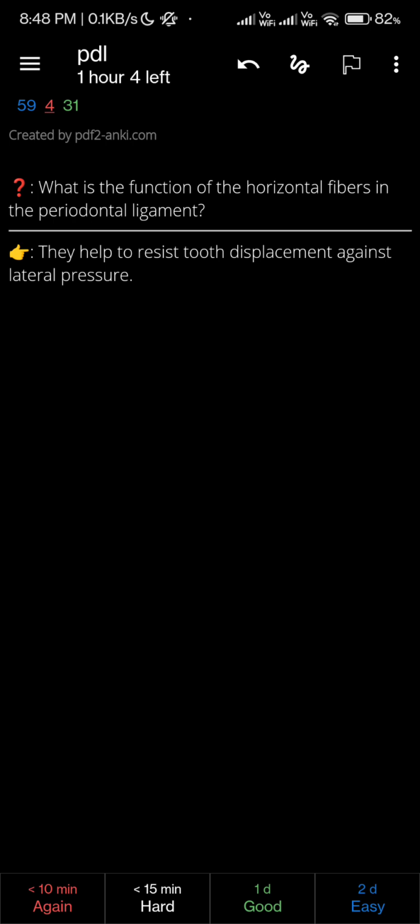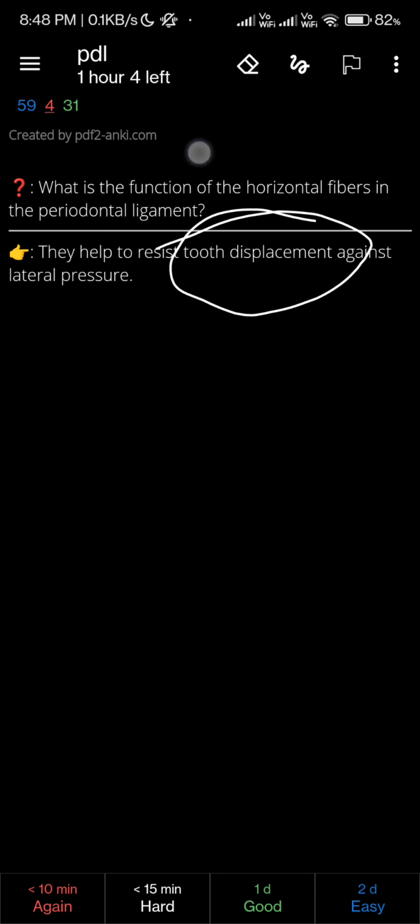They help to resist tooth displacement against the lateral pressure.